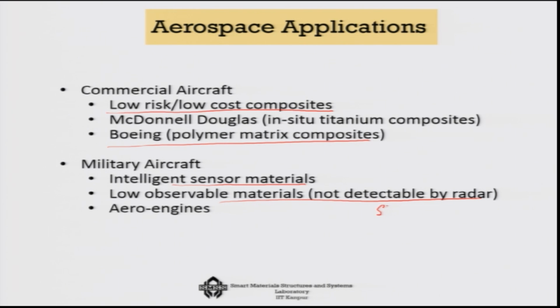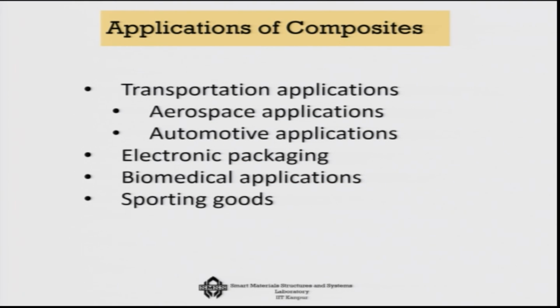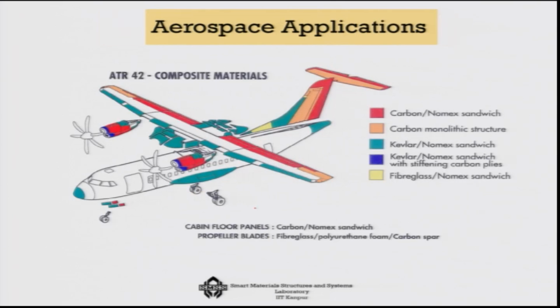This is also known as stealth technology. This is used in F-117A if I recall, as a stealth bomber. Then aero engines and all these are some of the applications in aerospace. There are other transport applications also other than aerospace, for example, automotive applications. Then there are applications in electronic packaging, biomedical and sporting goods. So, a lot of applications are coming up.